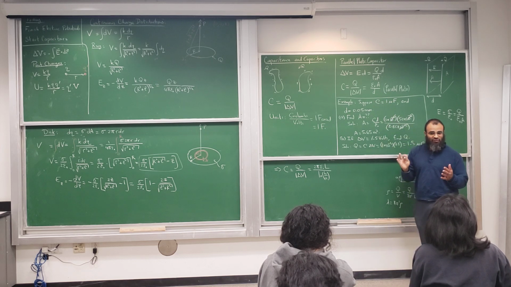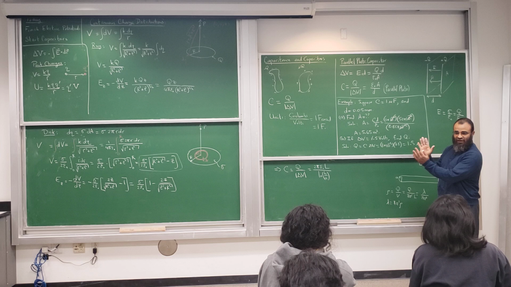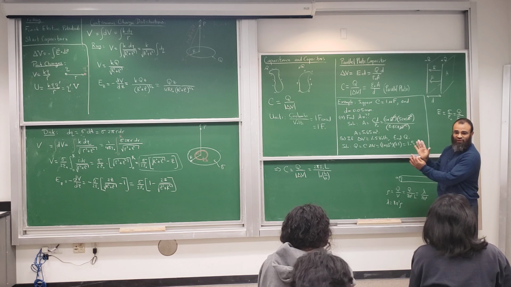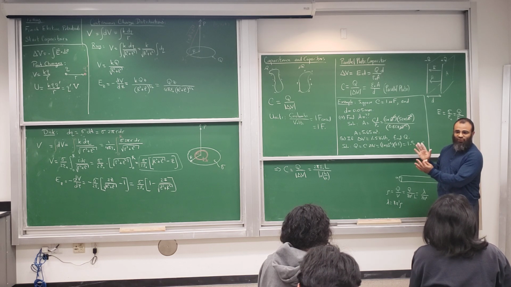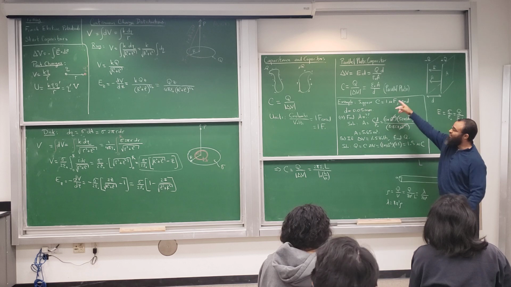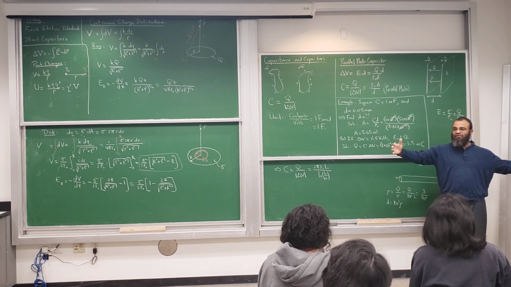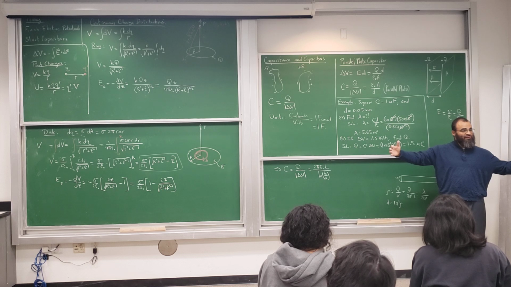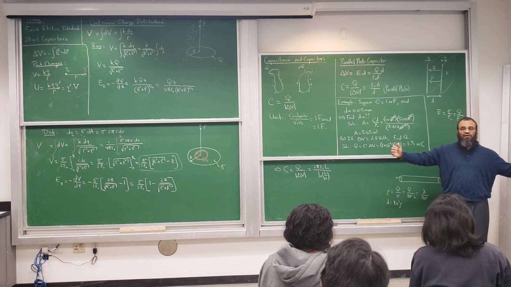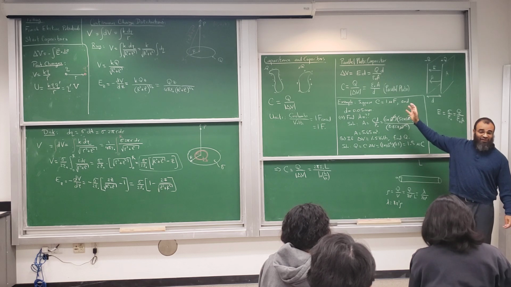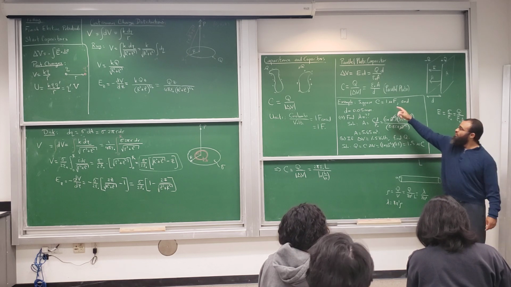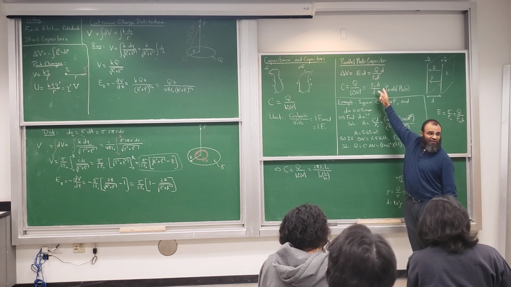Once you construct a capacitor, you make two plates with a certain area and a certain distance between them. That is your capacitance, whether it's charged or not. Just like if you have a bathtub whose volume is 1,000 liters, whether it's empty or full, the volume is still 1,000 liters. So once you construct it, that's the capacitance.